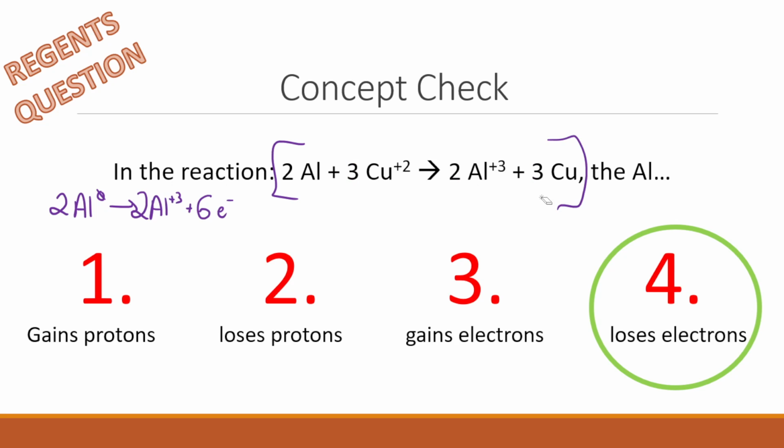What's the point of the 2, 3 and the 2, 3? In this case, it's because we need the charge to be balanced as well. Like I said, this pair of aluminums is going to collectively lose 6 electrons.